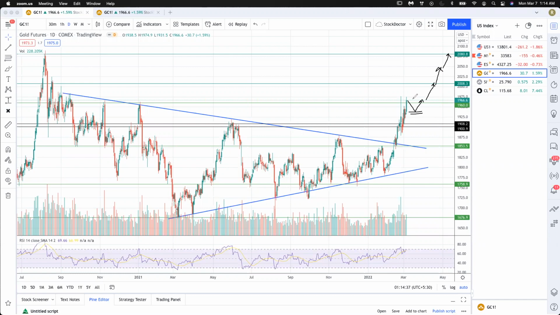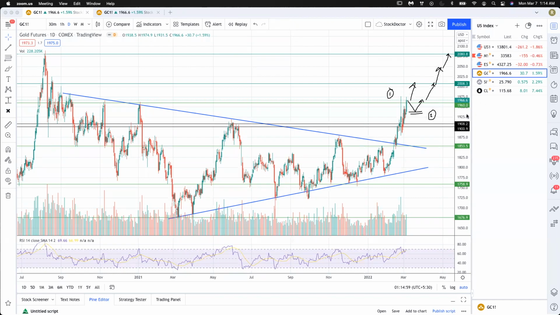But there are possibilities that gold can go up directly from here. So one can buy gold in two batches: first at 1960, which is currently the price, and second around 1940 or 1930, that range.